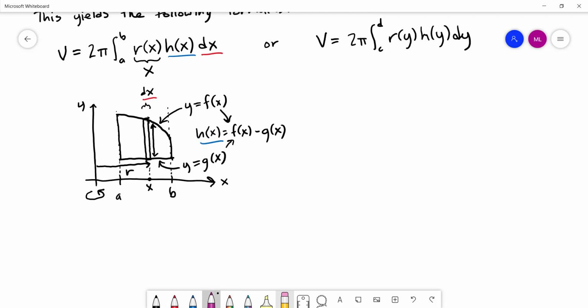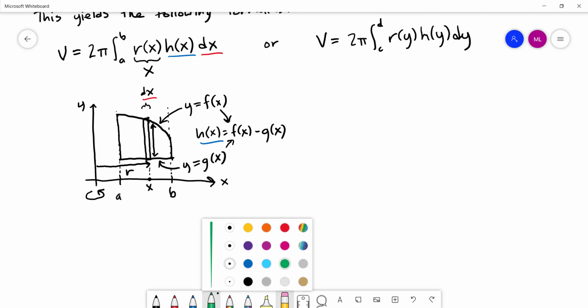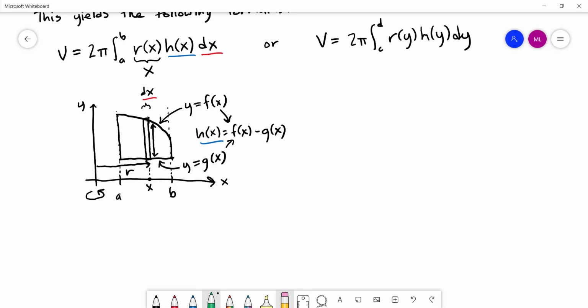So let's go back to green as a default color here. So this r right here is the same as this x right here. When we spin this thing around, the radius from the axis of rotation out to the point that we're interested in for that particular shell is just whatever the x coordinate is, assuming that we're rotating around the y-axis.